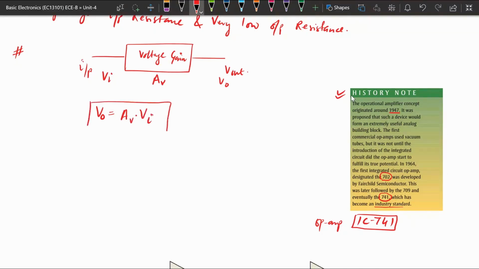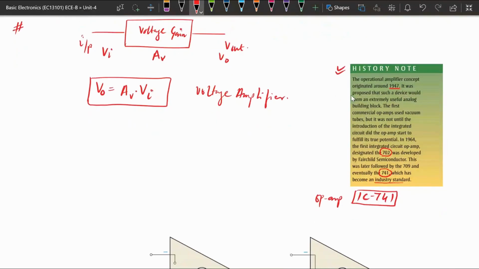So this is a voltage amplifier. Its output is directly proportional to the input, multiplied by a gain factor, the gain of the amplifier. If we want to find the gain, A V equals V output divided by V input. Whenever we talk about the gain, it is the output voltage divided by the input voltage.